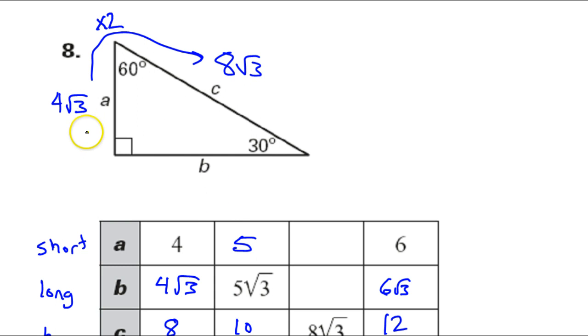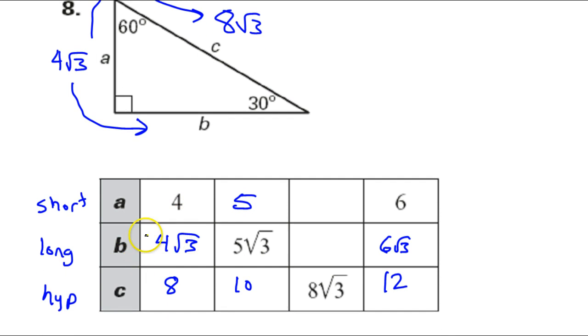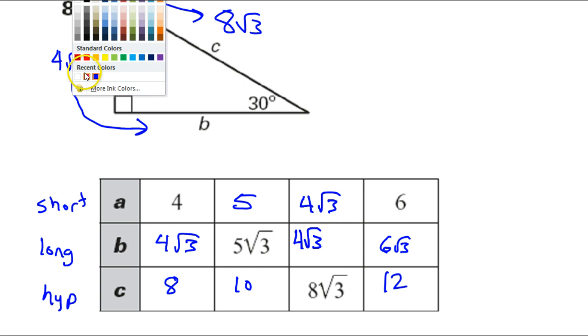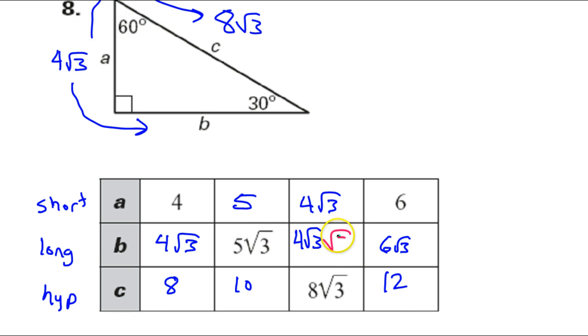So that wasn't too hard. But then understanding what the long leg is going to be. So far we know that if the hypotenuse was 8 radical 3, the short leg is 4 radical 3. Okay? But looking back at the pattern, we should be able to get the long leg by starting with the short leg and then multiplying it by radical 3. It doesn't matter that there's already a radical 3 in it. Okay?